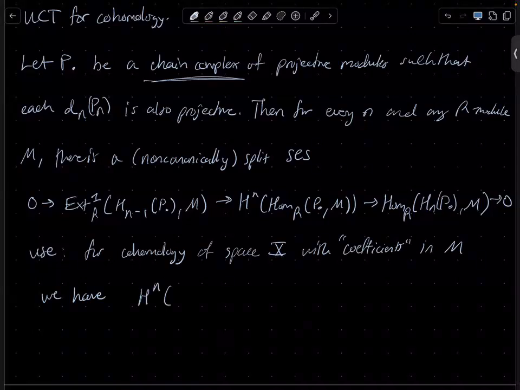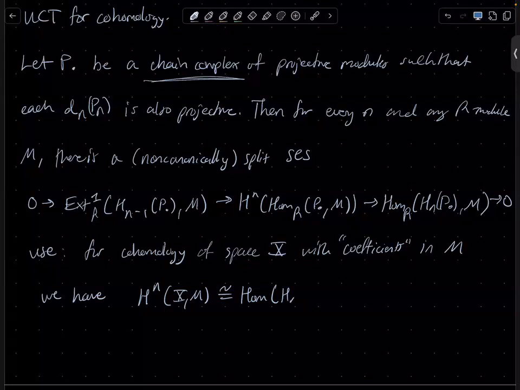H^n(X; M), that's the middle term, at least this is how they write it in topology, is isomorphic to Hom(H_n(X), M) ⊕ Ext^1(H_{n-1}(X), M).